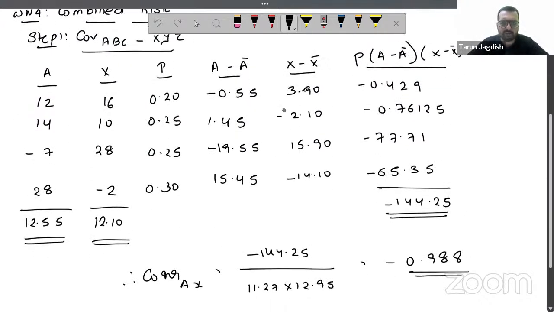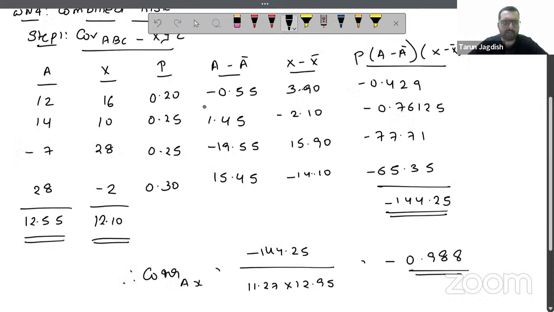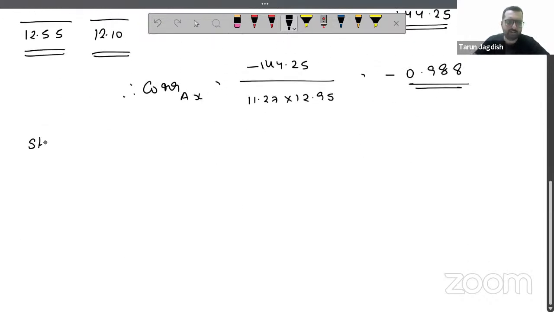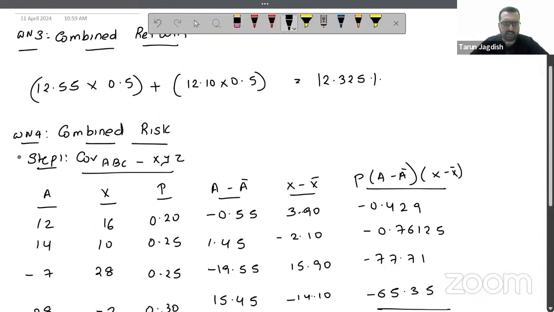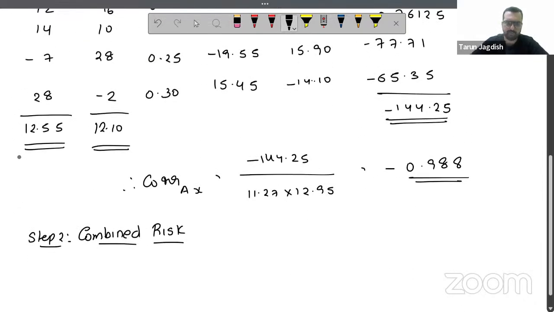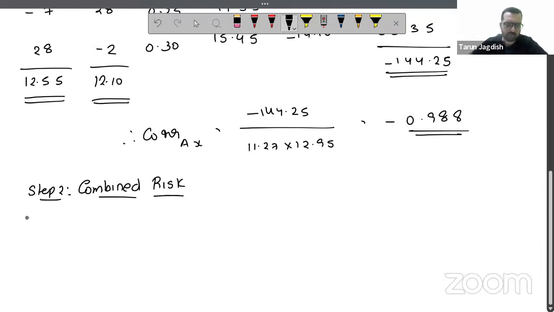So once you get this, now in order to find out the combined risk, I will write down over here step number 2, that is combined risk. All right. So now when I say combined risk, what are we going to do over here? I will take standard deviation of X, weight of X. So that is going to be 12.95 into 0.5 the whole square plus, can somebody do the calculation and let me know what answer you will get?